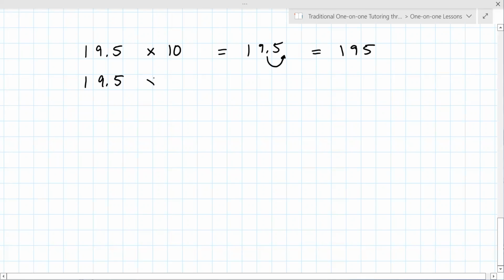And then we'll go 19.5 times 100. How many places to the right does this move the decimal? 2. So you make these little jumps right there, and then put a 0 wherever it's missing. So it becomes 1950.